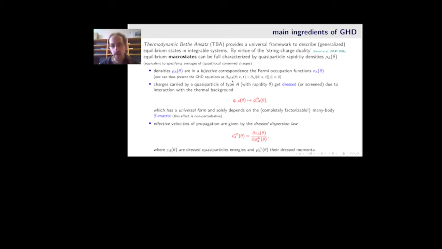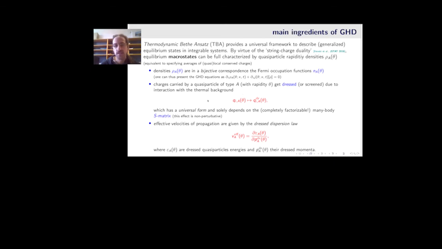But in hydrodynamics, what you do is promote them to a time-dependent quantity. And then again, you have a continuity equation. What is important is the effect of dressing.